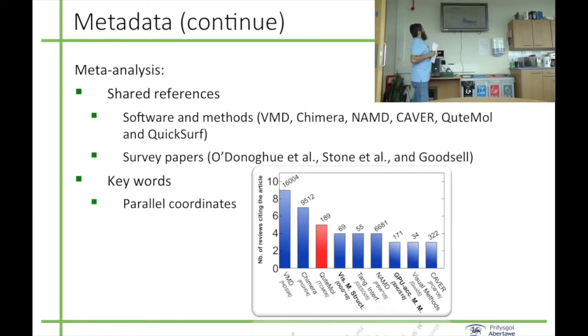This image shows us the shared references. The shared references are the references that are cited by all the selected surveys. Most of the shared references are associated with software from computational biology, except one reference which is from computer visualization.